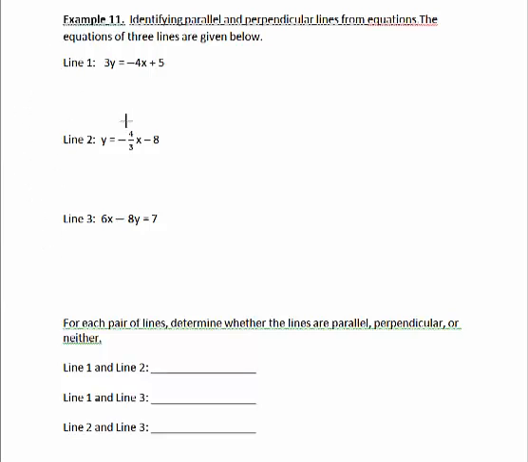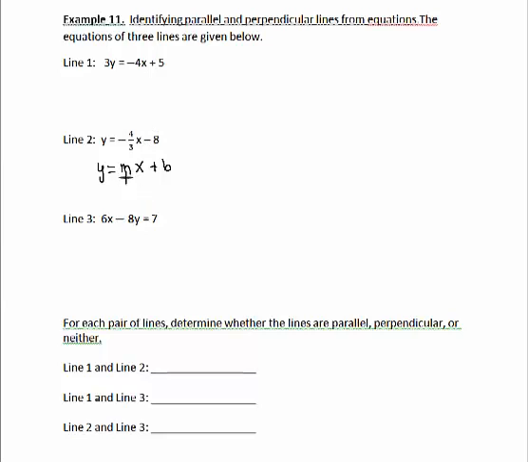Alright, there's no work to do for line 2. You just simply have to recognize that this is in the slope-intercept form. Y is by itself. We have a single number in front of the x, and then we have a constant being added to the x term.